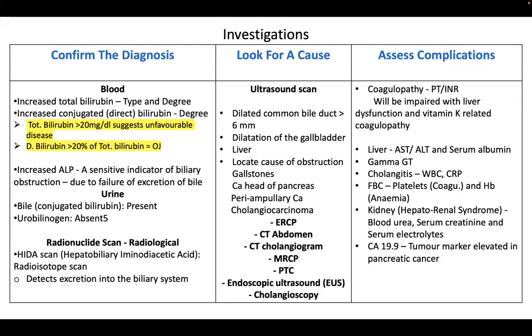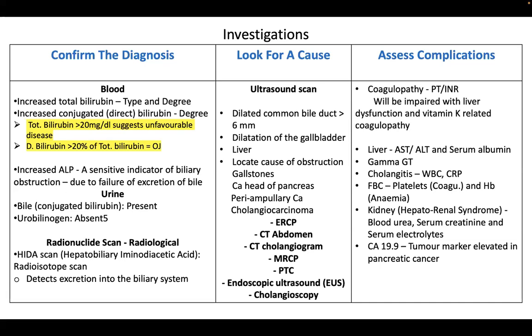So looking for a cause, ultrasound scan is the main thing. This is to exclude stones. So you need to mainly think about stones. A dilated common bile duct more than 6 millimeters or a dilated gallbladder can be seen. You can assess the liver. You can locate the cause of the obstruction.